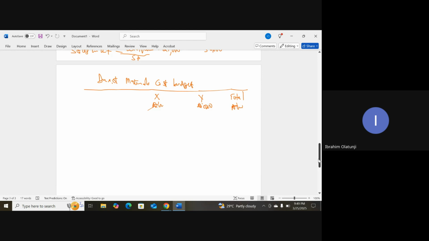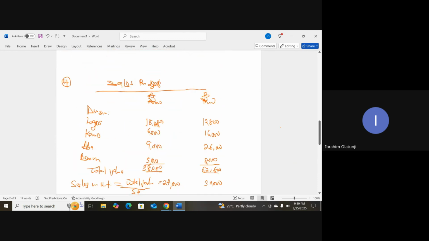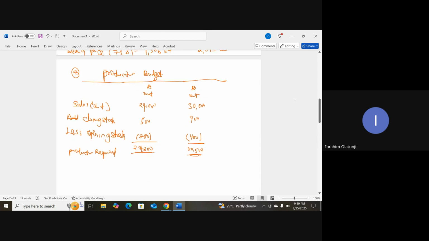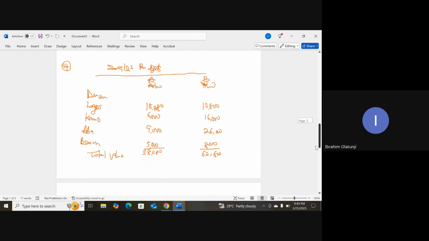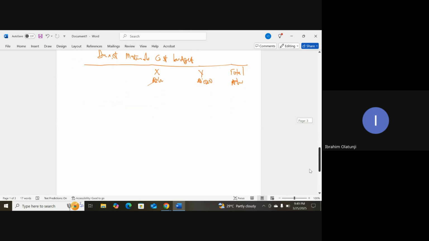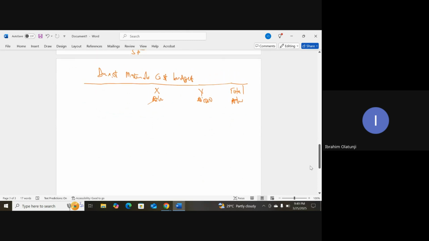It is the unit that we put under requirement A. The question says production budget, so we only calculate the unit. Now for the direct material cost budget, we want to estimate the cost of that material. So we start from production required.